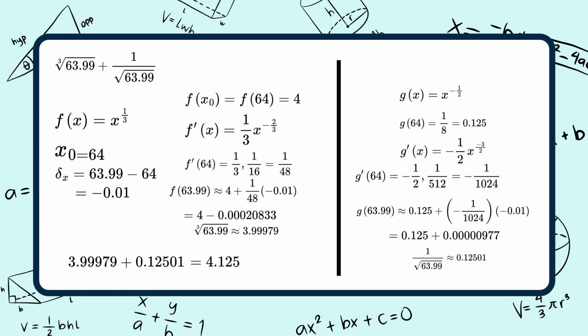x naught equals 64, delta x equals negative 0.01. We have g of 64 equals 1 over 8 equals 0.125. G prime x equals negative 1 over 2 x to the power of negative 3 over 2. Evaluating at 64 gives g prime 64 equals negative 1 over 1024.